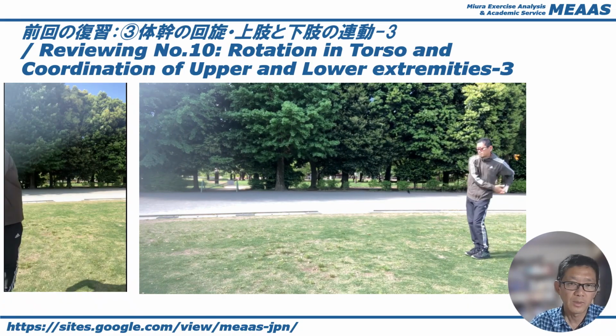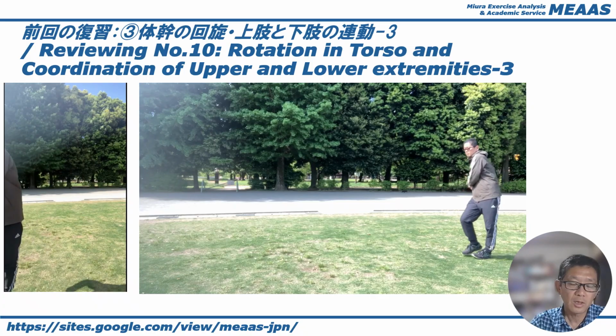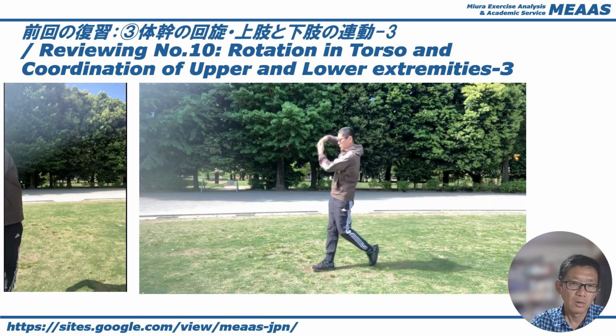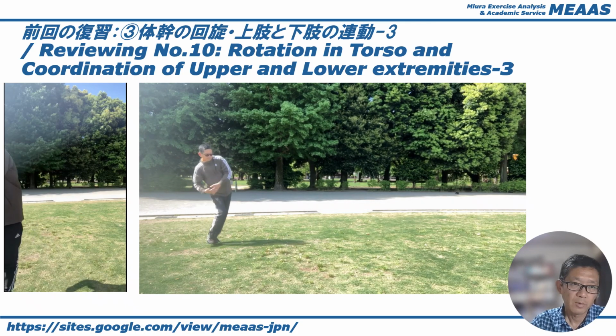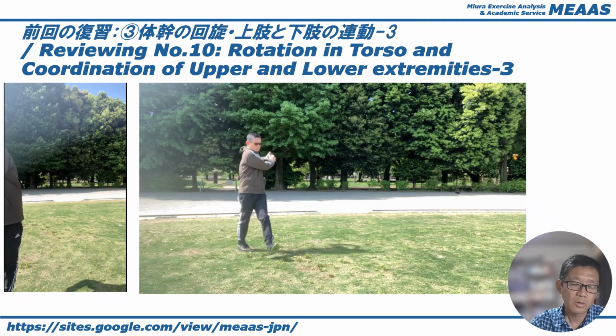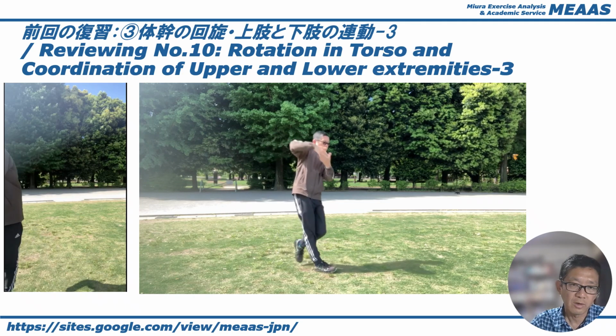That is the same. The practice on the spot and go forward with putting your foot on the crossing the straight line. Practicing right foot on the left, left foot on the right, right foot on the left.